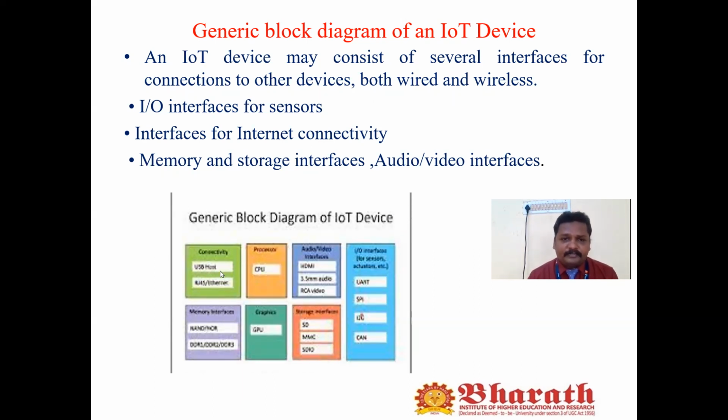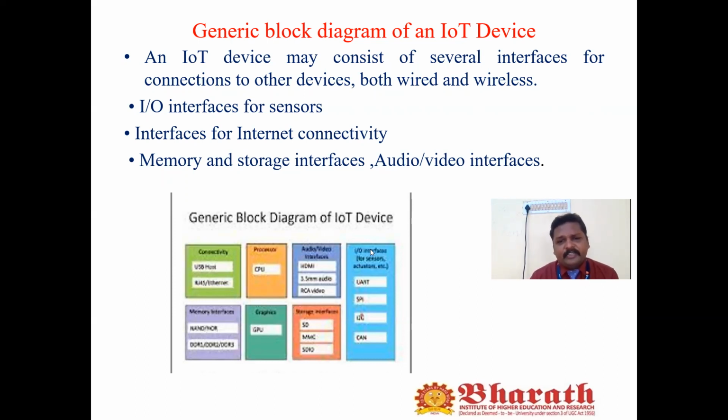The connectivity can be done through USBs. Then we have the memory interfaces as well. The memory interfaces mean that we are going to connect memory, maybe using NAND or DDR RAM, like that.